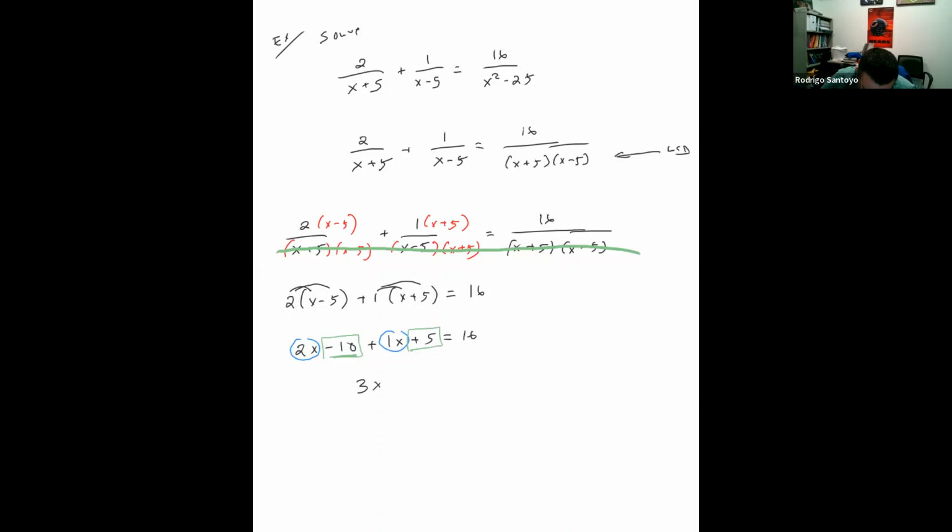It looks like 3x minus 5 equals 16. And then we just solve for x, adding 5 to both sides. I show every step. You don't have to show every single step when solving this equation, but it never hurts. Sometimes students forget how to do those steps. So we get an answer of 7.